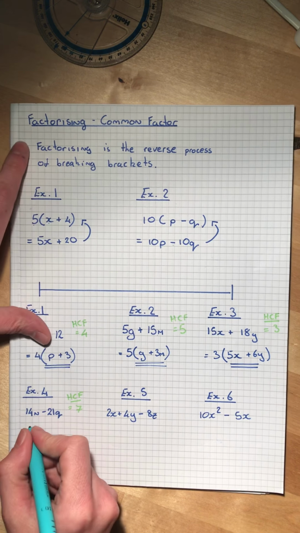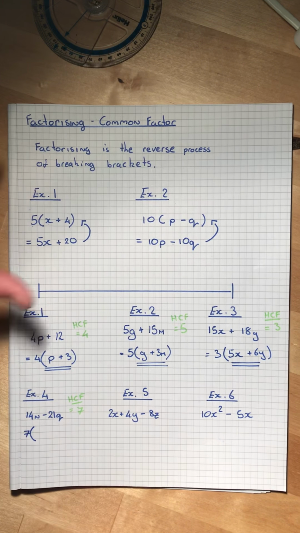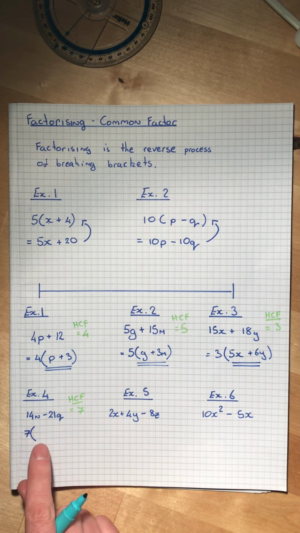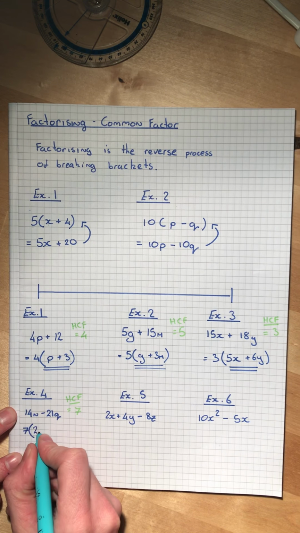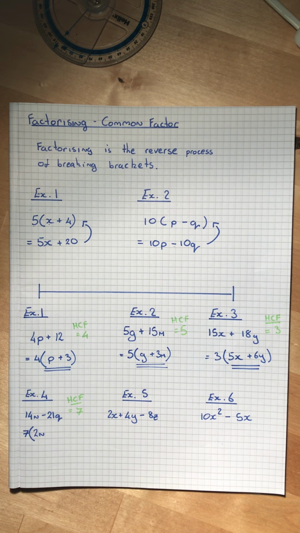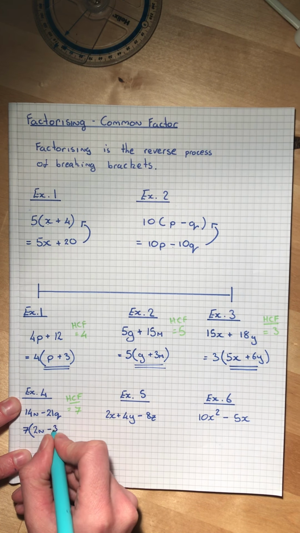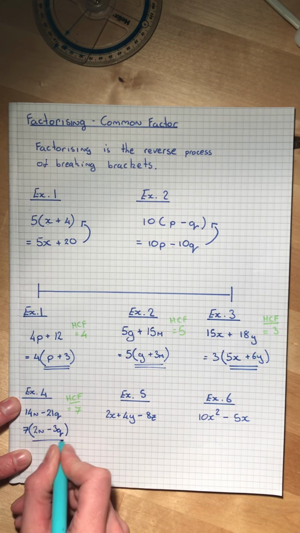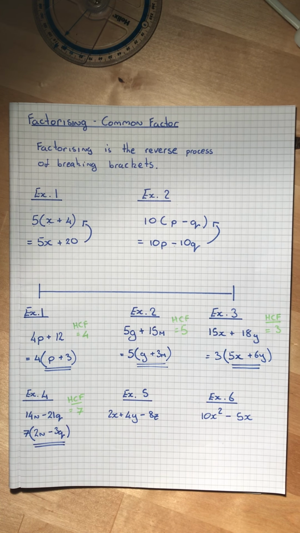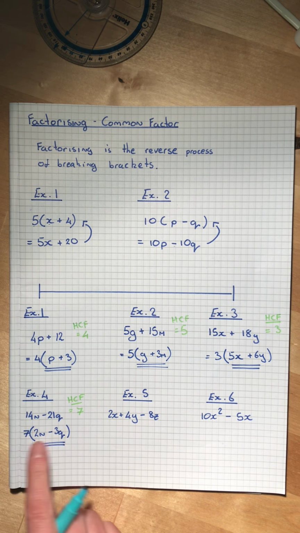So that means we're going to take out 7. 7 times what gives 14n? 7 times 2n gives 14n. And 7 times what gives 21q? 7 times negative 3q. So that's us factorised that one.